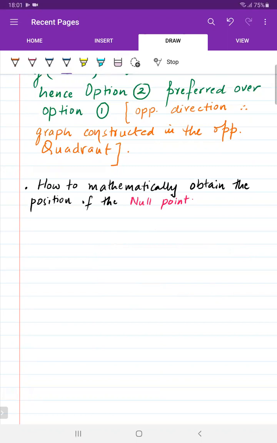Okay, so यार how to mathematically obtain the position of the null point वो देख लेते हैं. मैं numbers वगैरह आपको दे देता हूँ.